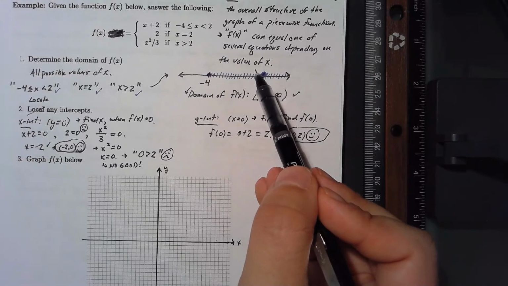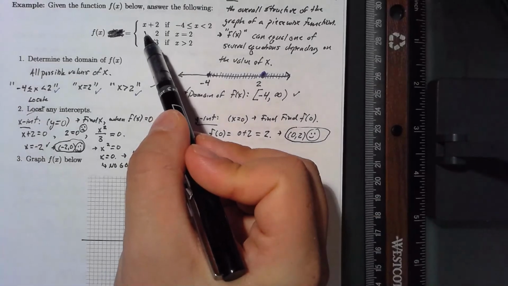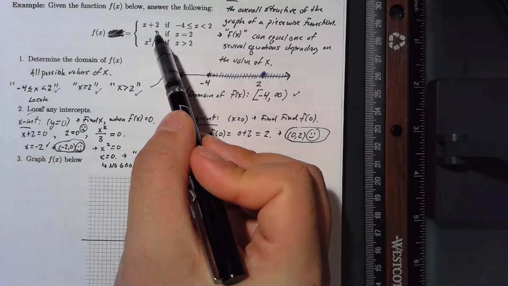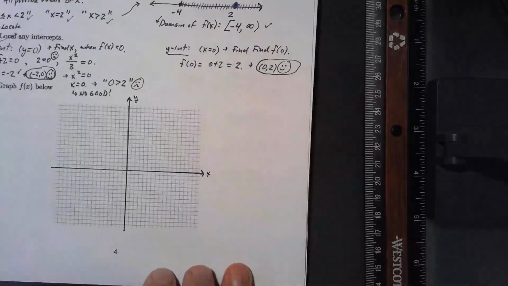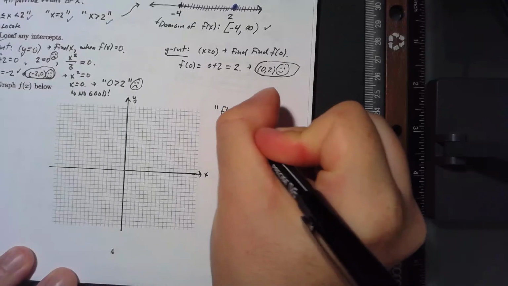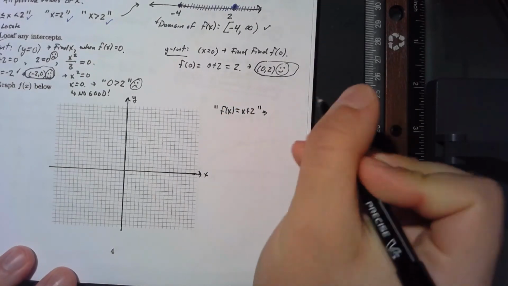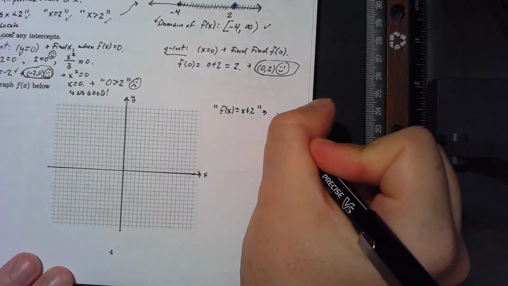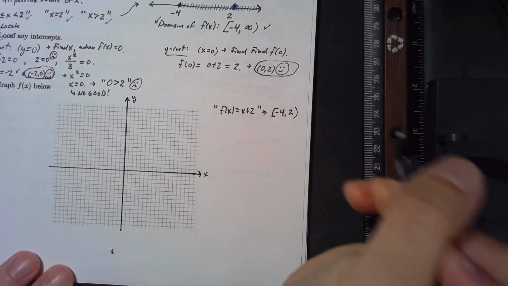I know that my first function equals x plus 2 when x is in this interval. Let me write that down here for reference. That equals that on the interval from negative 4 to 2.